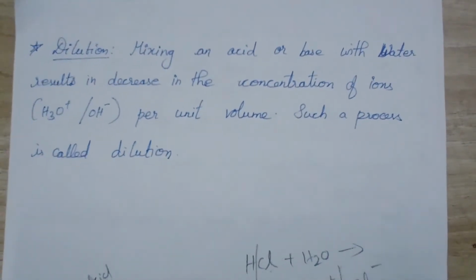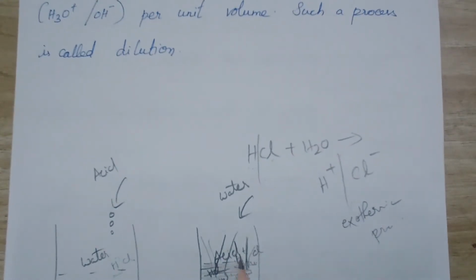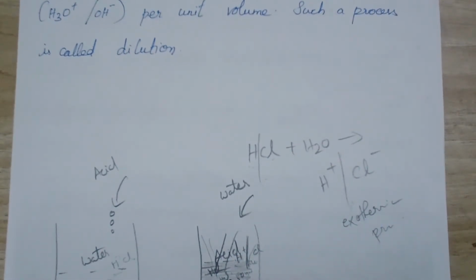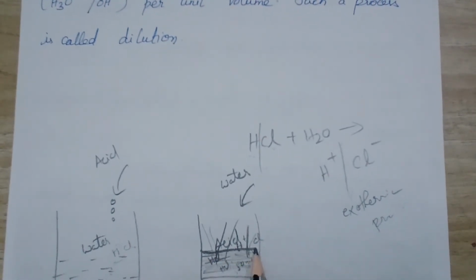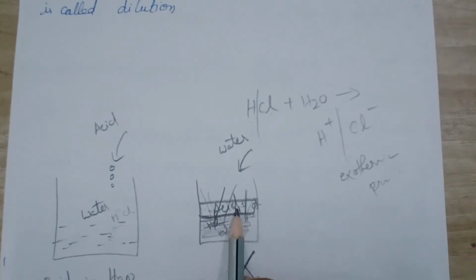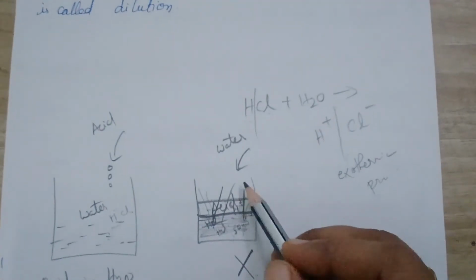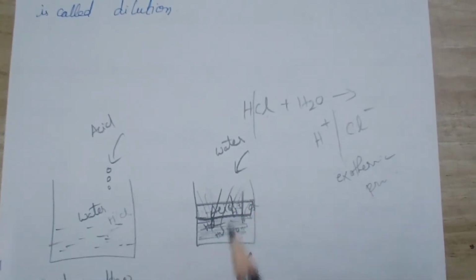And one more reason, which is also one of the main things: compared to the acid, water is low in density, right? So it will be above the acid, and all the reactions take place at the surface of the acid. Here itself all the reaction takes place and splashing of the acid will happen.